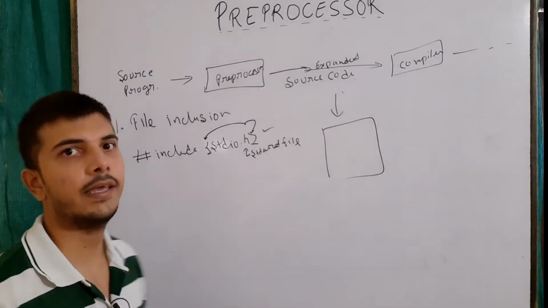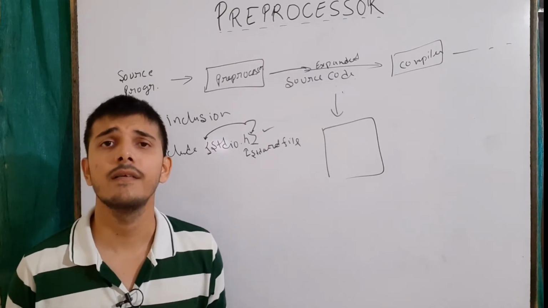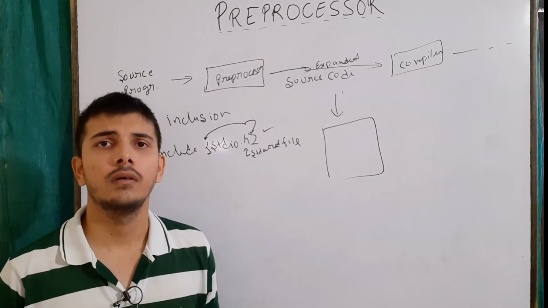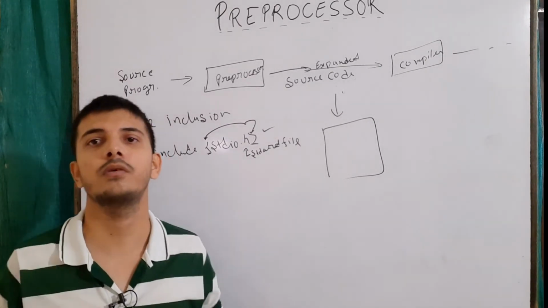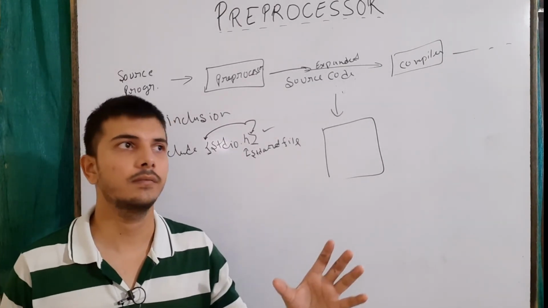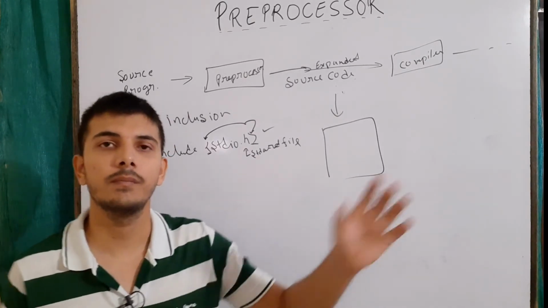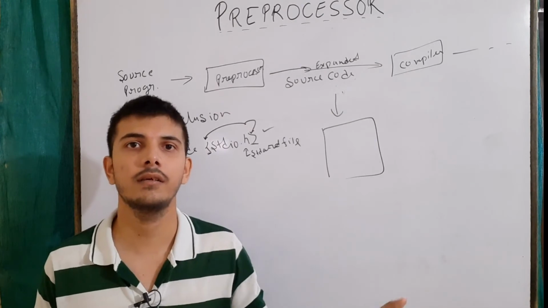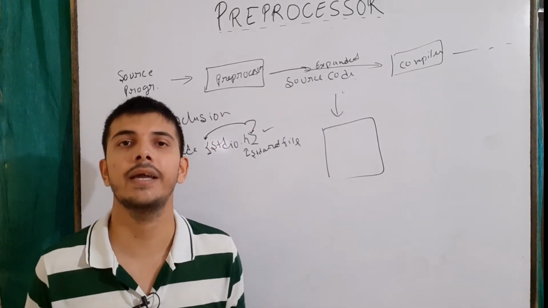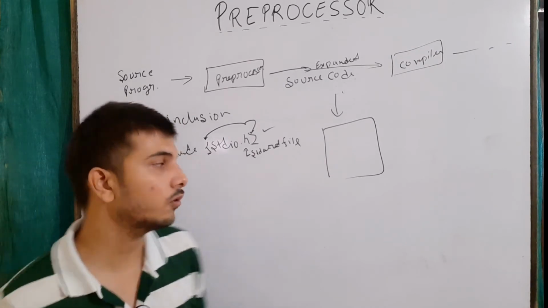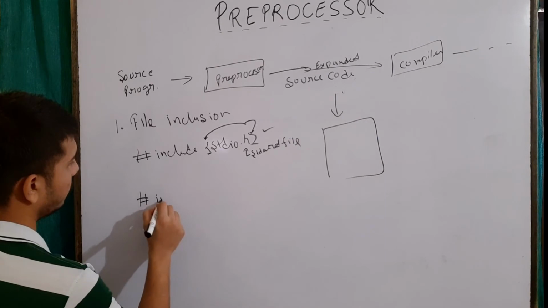But let's say that I created my personal file, and I do want to add it in this source program. Let's say we were in a project team and we had divided our entire program. One person is doing one part, another person is doing another part, and finally we want to combine everything in a single file. So what we can do is #include.